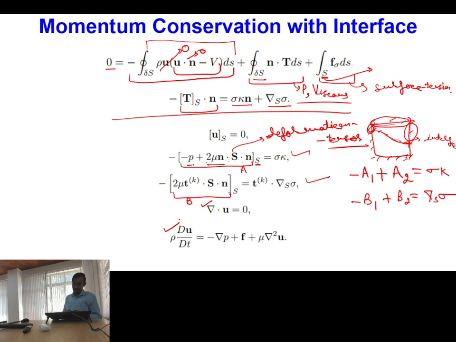Separately I will be solving continuity and momentum equations for each fluid, and along with that at the interface I have to invoke these two additional equations to specify the dynamic conditions at the boundary, and to specify the kinematic conditions at the boundary we have this no slip condition of velocity and same normal velocity.